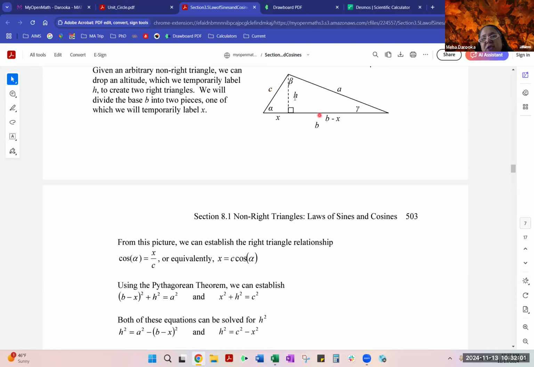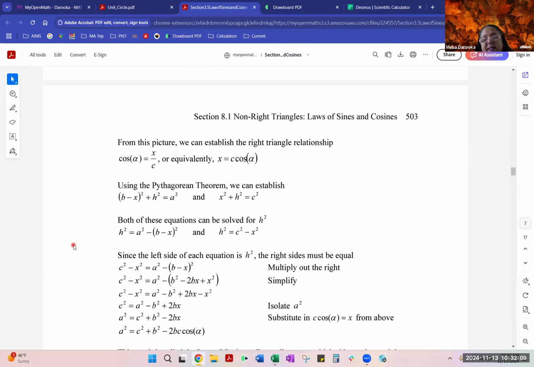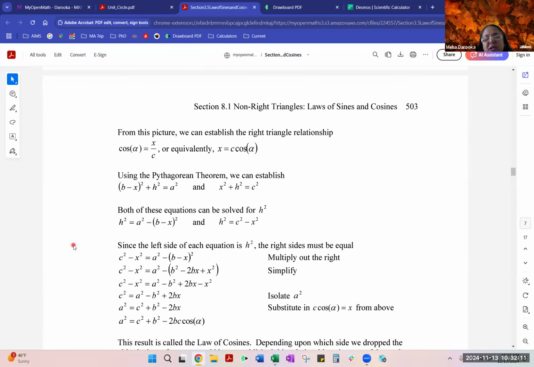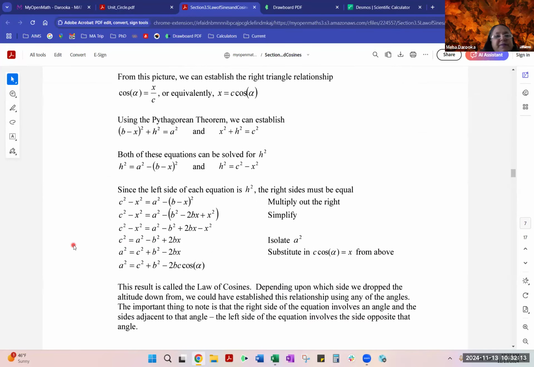On the right-hand side triangle, that would be h squared plus b minus x quantity squared, which would equal the hypotenuse a squared. So now solve it for h squared. We took this quantity and moved it to the other side. Same thing here, we took the x squared and moved it to the other side.